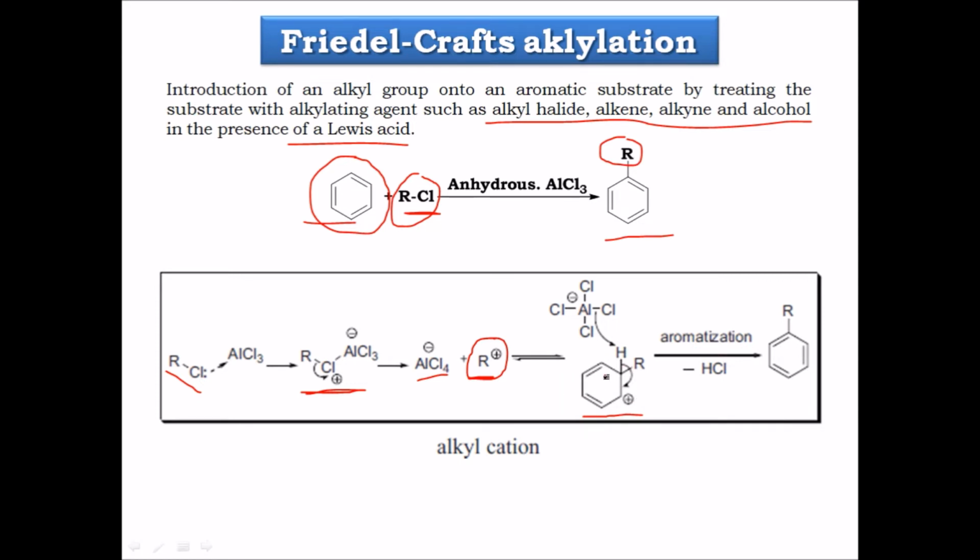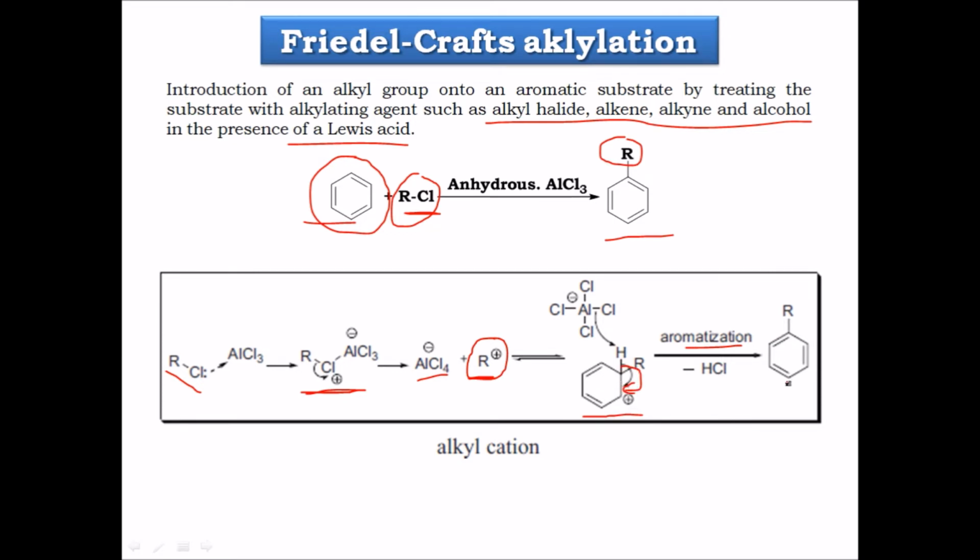This arenium ion is more stable because we can write resonance structures for it, and because of resonance it is more stable, so the next step will be aromatization. As you know, one carbon has a positive charge, and AlCl4 minus will abstract a proton, and the bonding electrons between the carbon and hydrogen will now shift between those two carbons.